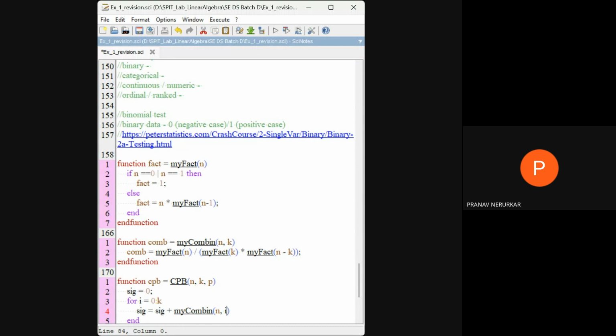It is I combination of n, p raised to I, multiplied by 1 minus p raised to n minus I.